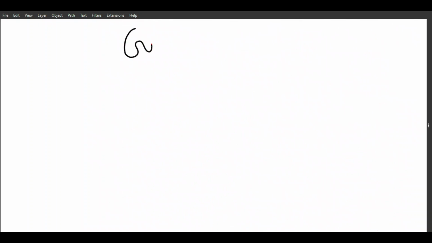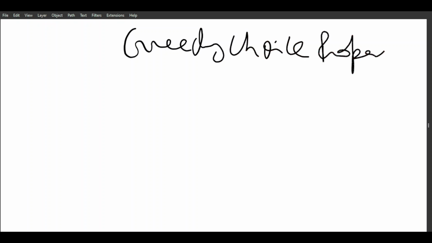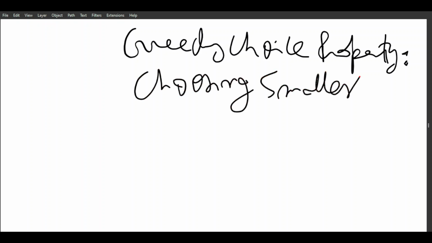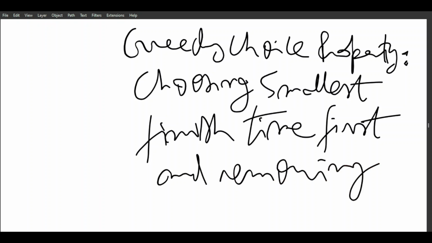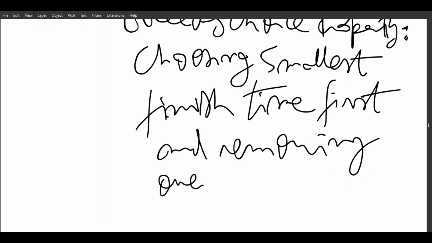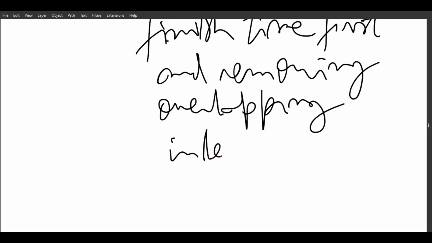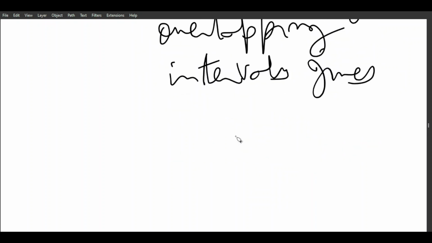Greedy choice property: choosing smallest finish time first and removing overlapping intervals gives a globally optimal solution.